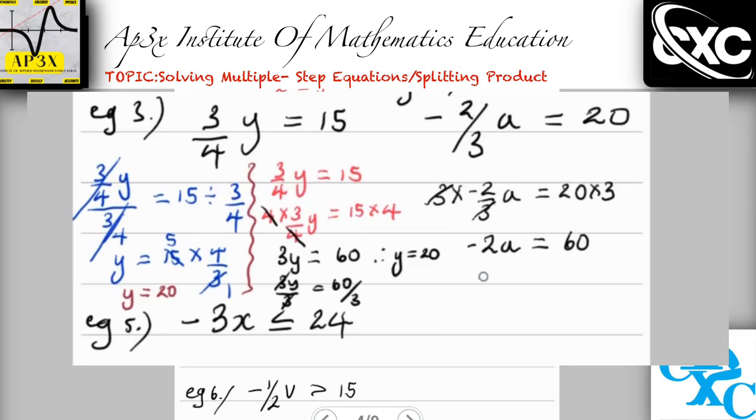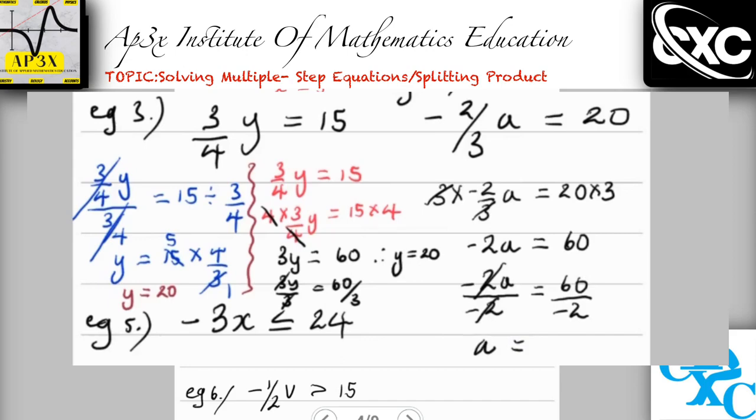So therefore I'm going to be splitting the product of minus 2 and a here. So that's minus 2a divided by minus 2, and that's going to be equal to 60 divided by minus 2.